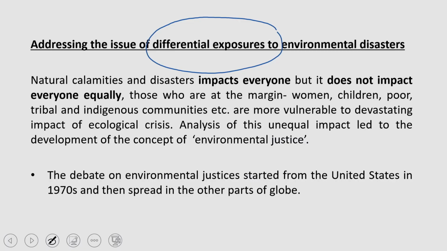It impacts every class, every section of the population. But at the same time, there is another very important fact: it does not impact everyone equally. That does not mean that natural calamities or disasters discriminate about whom to impact or whom not to impact. Yet it happens.